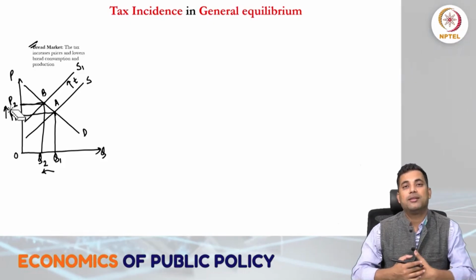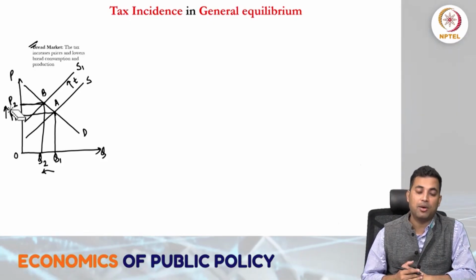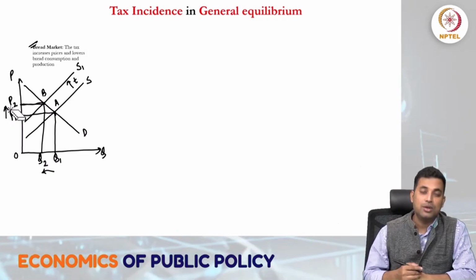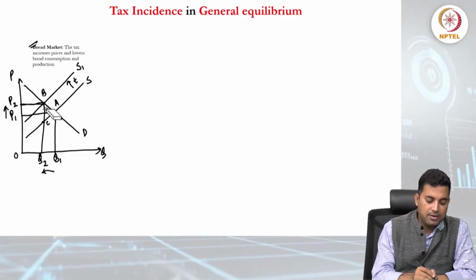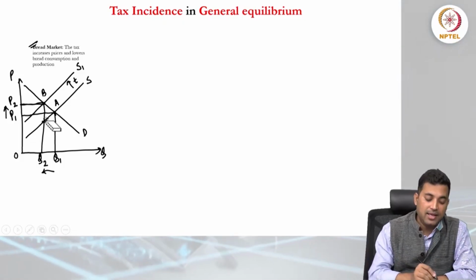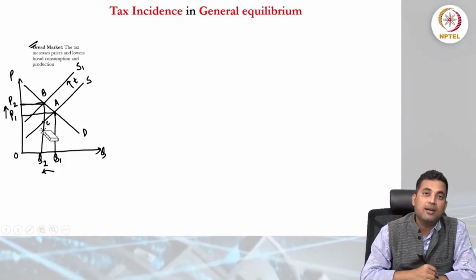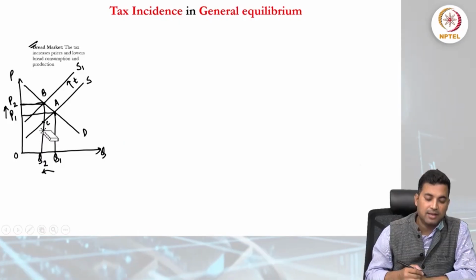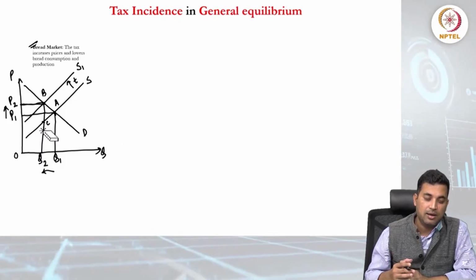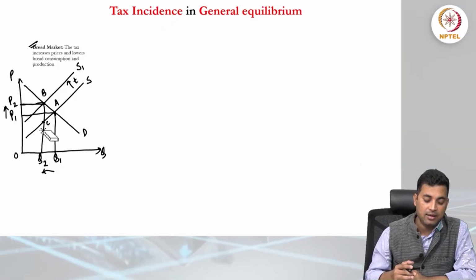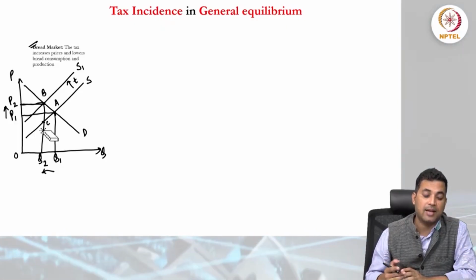This is the general point we have been discussing. If we put another point C, then small t is the tax, the amount between the initial supply curve and the supply curve after the tax imposition.